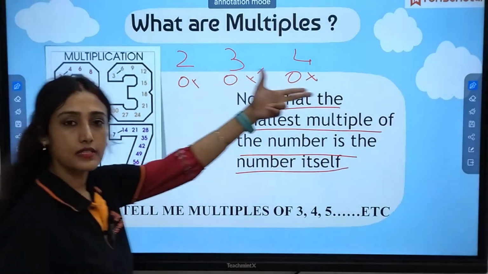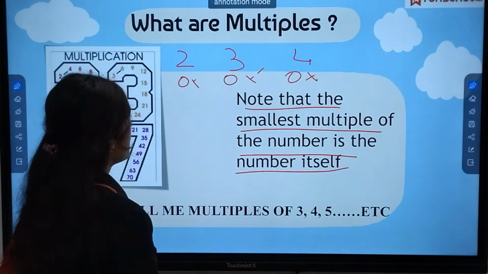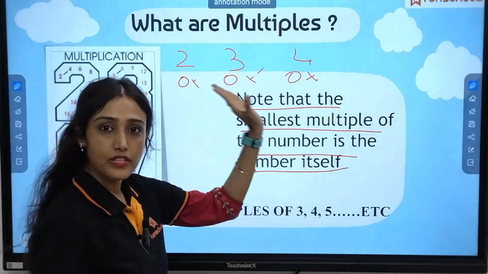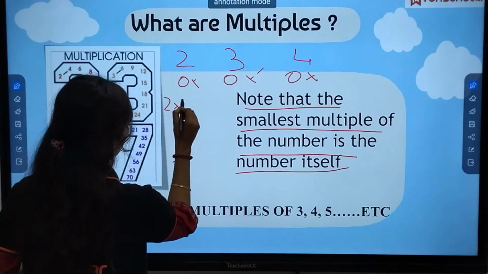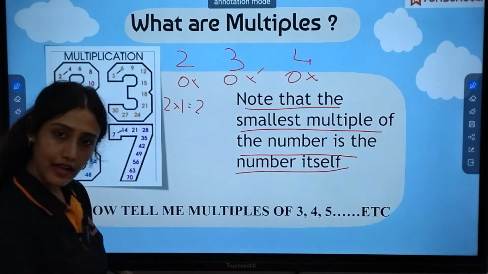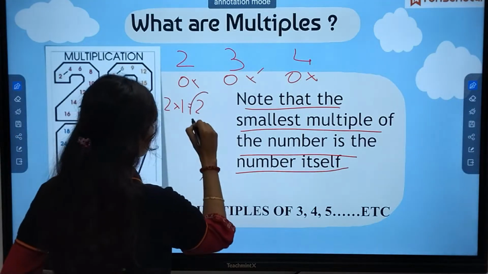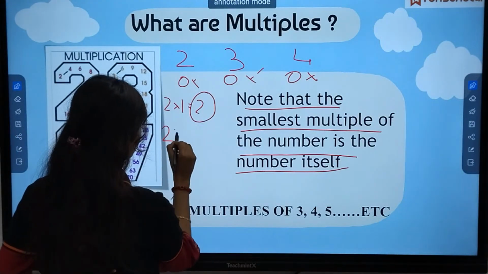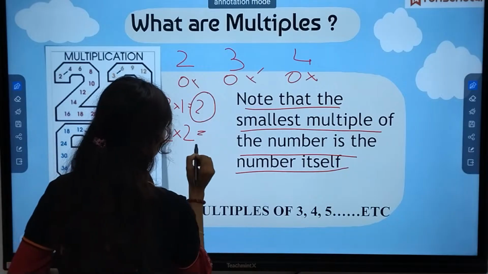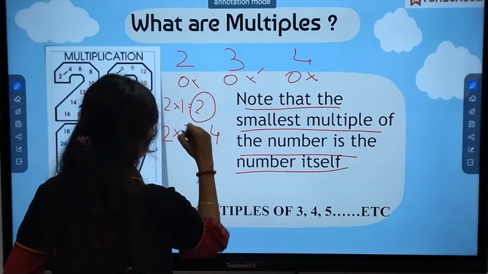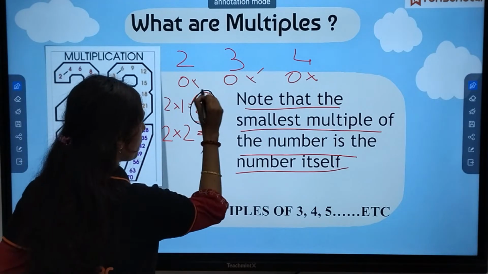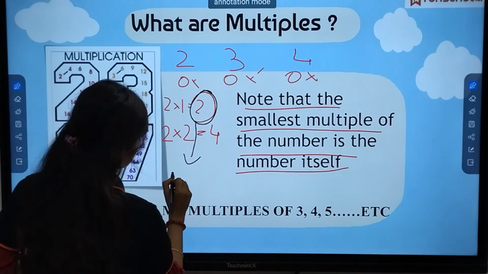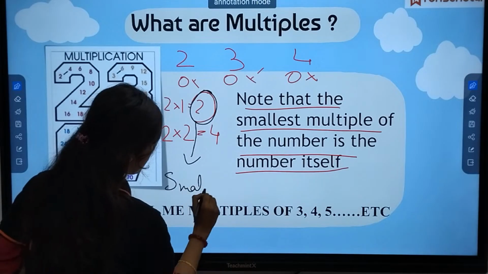Okay, because 0 means vacant. So from which number are we starting? We are starting 2 into 1 equal to 2, right? So 2 is the smallest, then we are going 2 into 2 is equal to 4. See? So 2 over here is the smallest multiple.